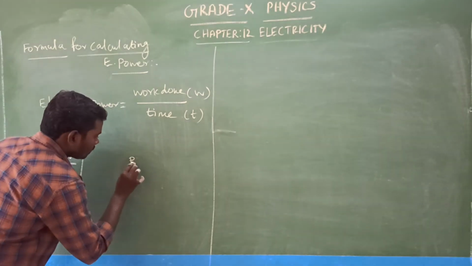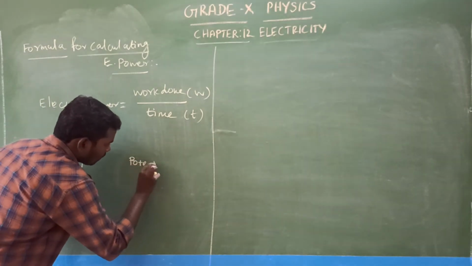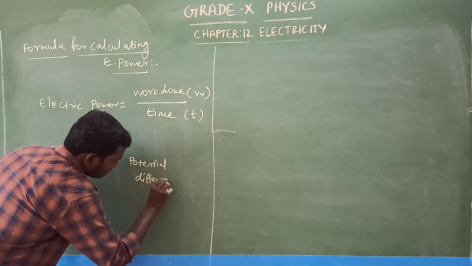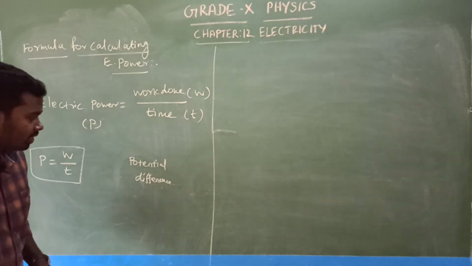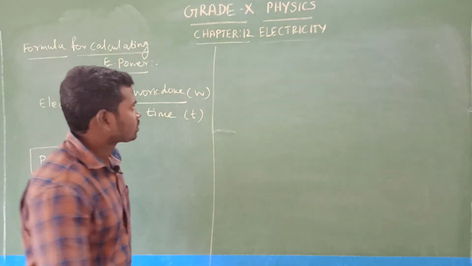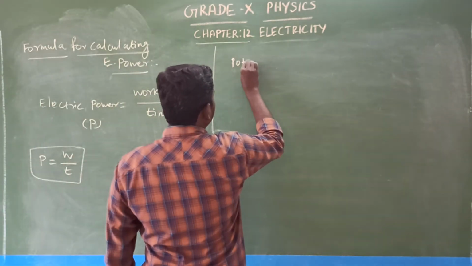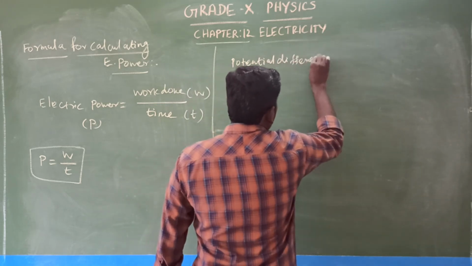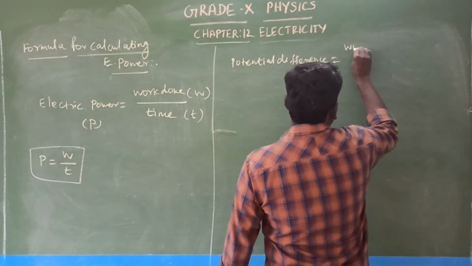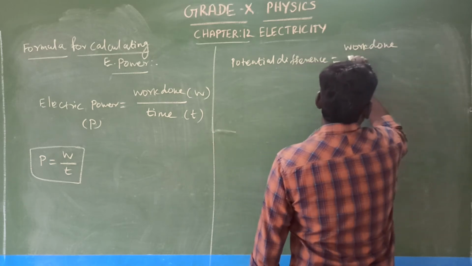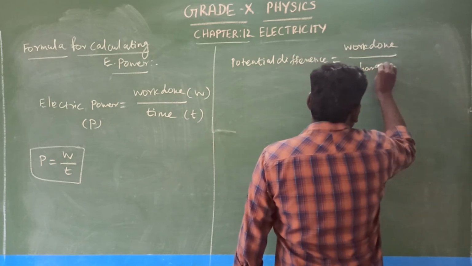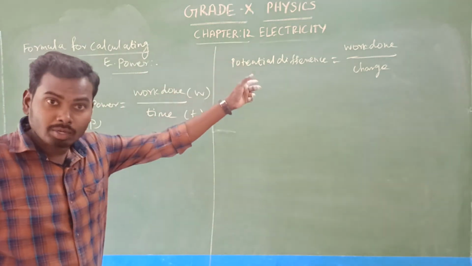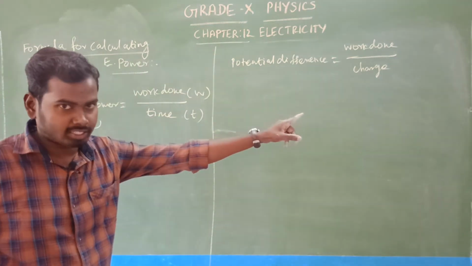The potential difference is equal to work done divided by the amount of charge moved. Already we studied this formula in the concept of electric potential and potential difference. Am I right?